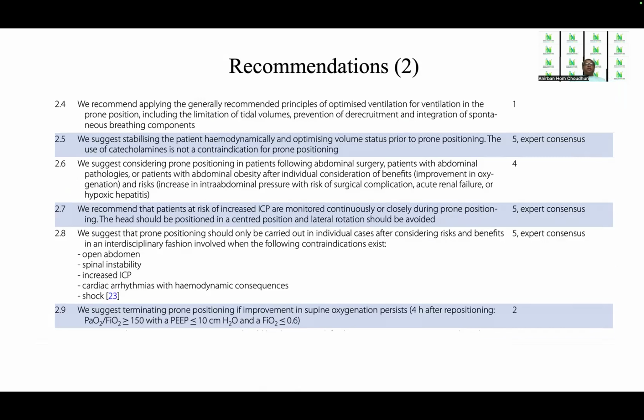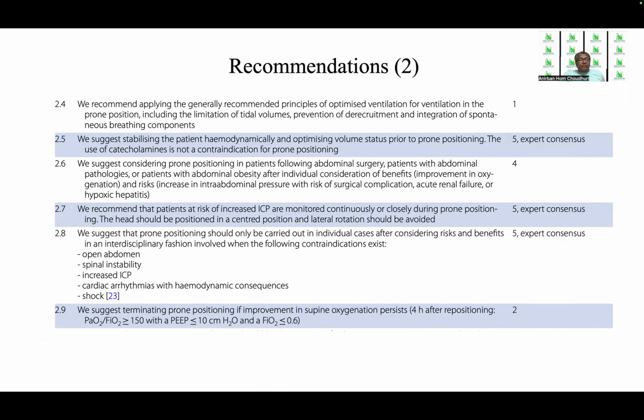In addition to this, there are also other recommendations which suggest that patients should be stabilized, hemodynamically optimized, and volume status optimized prior to prone positioning. The use of catecholamines is not a contraindication for prone positioning.